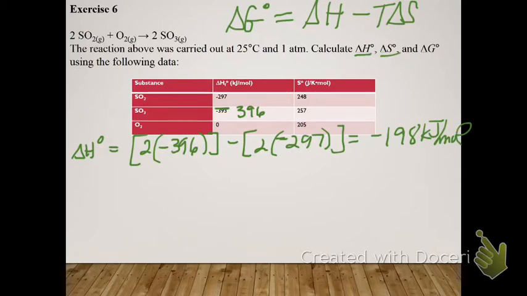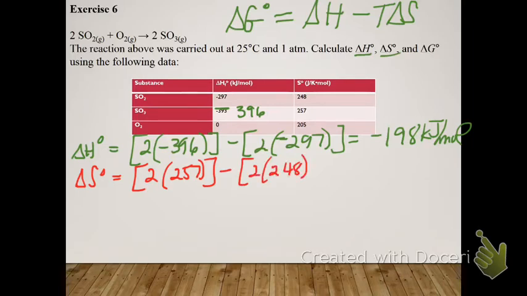Now let's calculate delta S. So we're going to have 2 times 257 minus 2 times 248 plus 205.